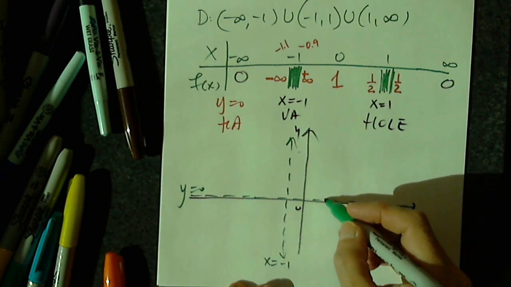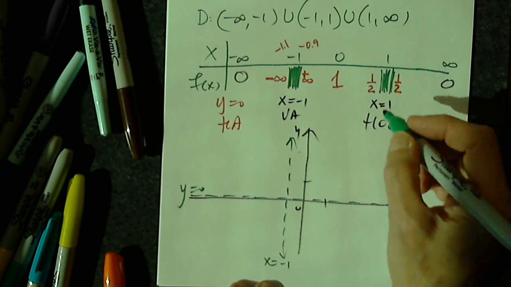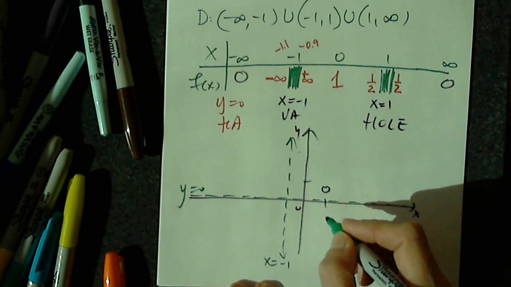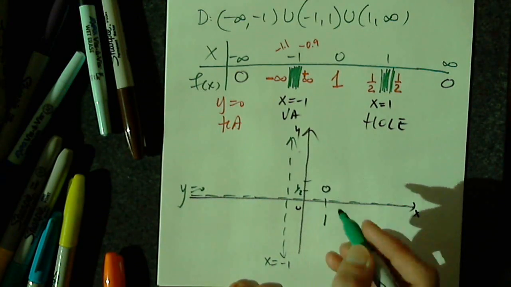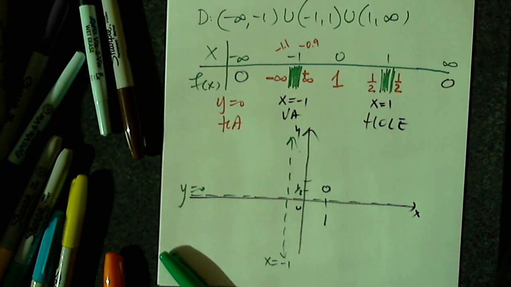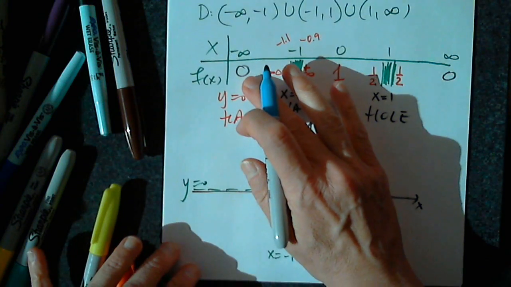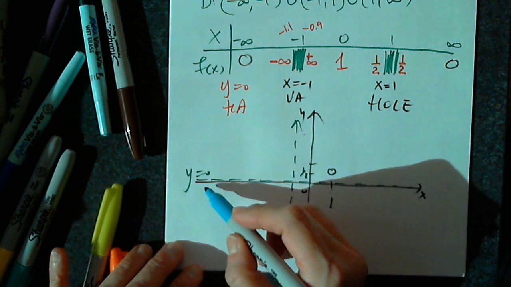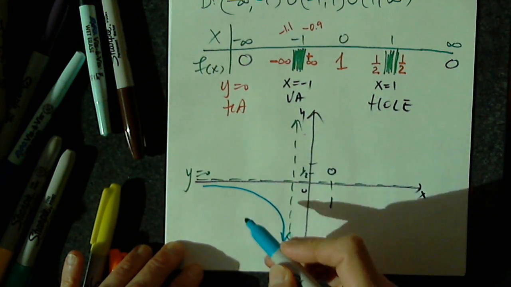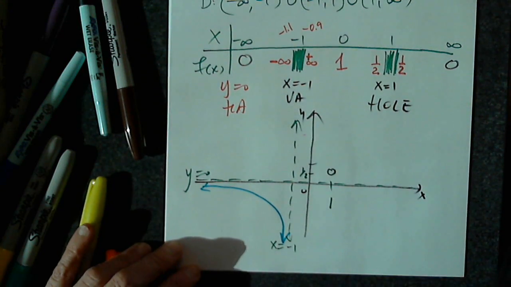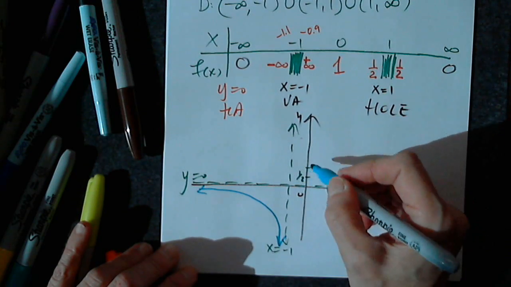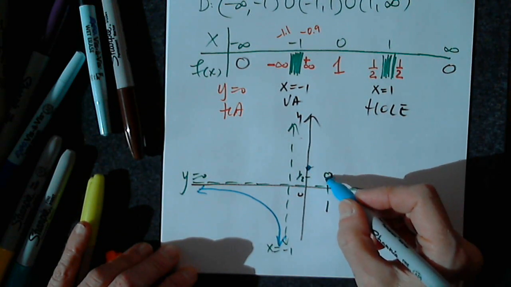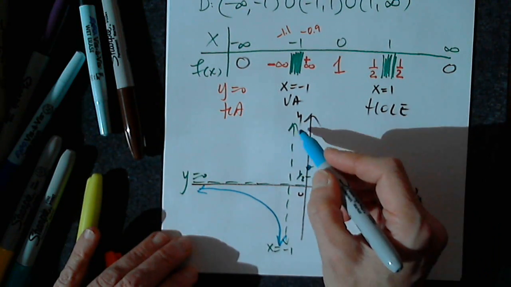And this point at 1, 1/2. So now let's look at the graph again. From 0 to -infinity. From infinity, crossing at 0, 1, going through this point, and to 0.